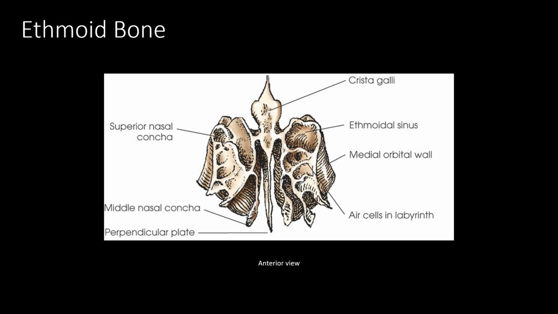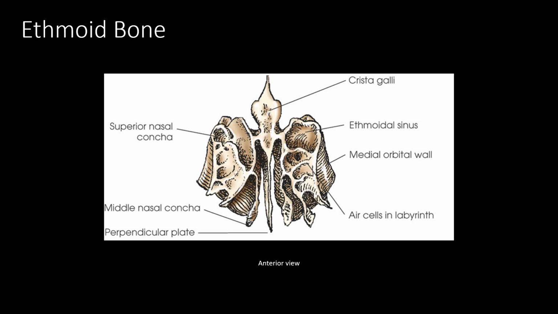That's better treated inside the labyrinth of the nose and in your sinus passages rather than in your lungs. So that's the whole reason we have the air cells and labyrinth of the ethmoid bone.